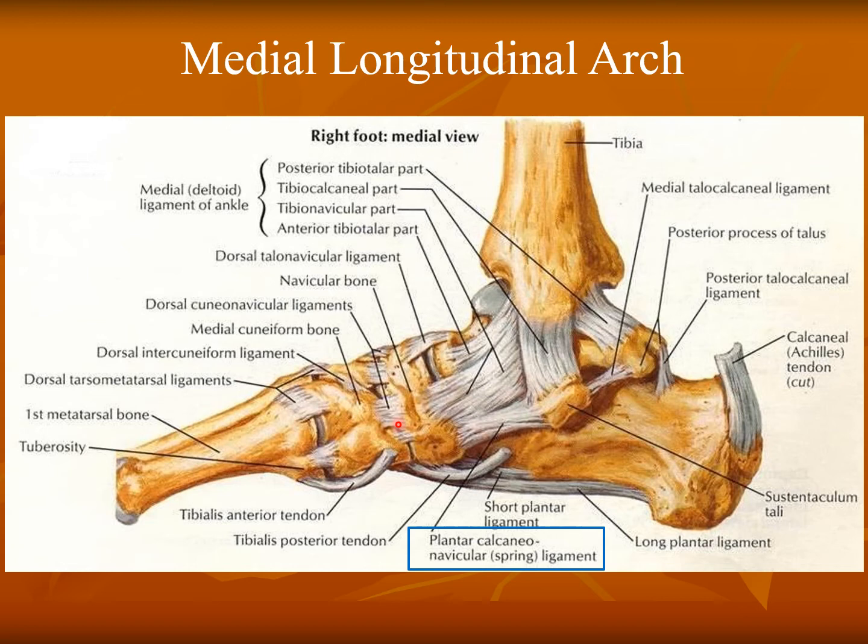These are the bones which are connected by these ligaments, the long plantar, the short plantar, and another very important ligament which is commonly known as the spring ligament, and it is the plantar calcaneonavicular ligament between the calcaneum and the navicular.